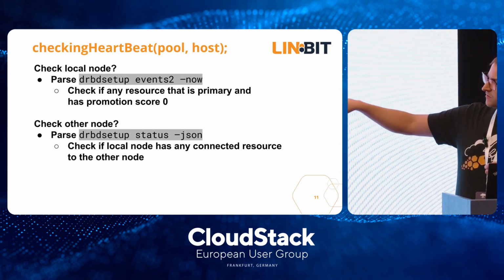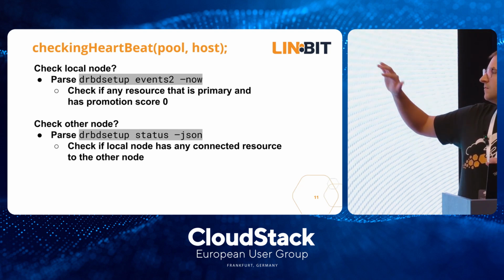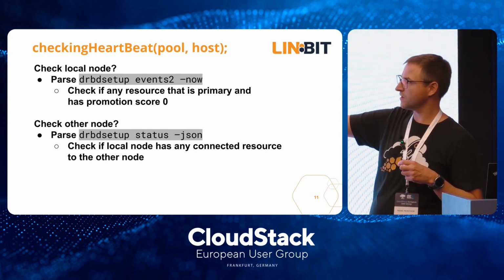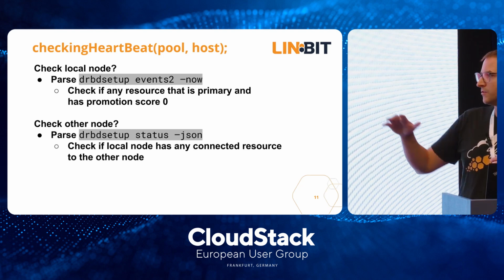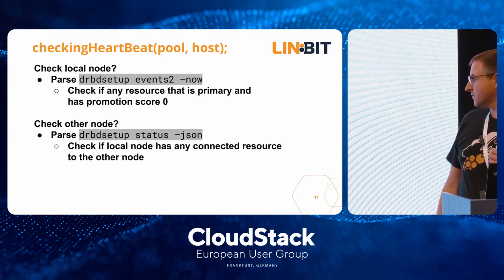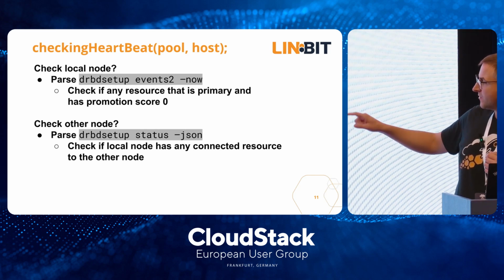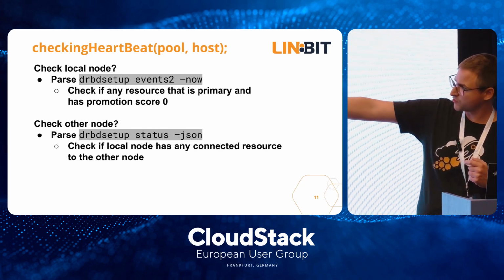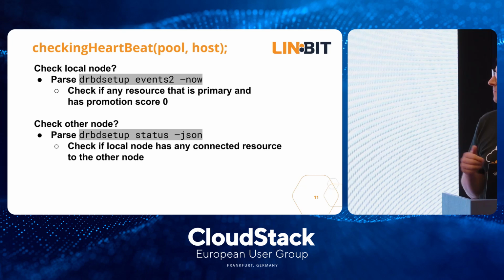And other nodes check the output of drbdsetup status, which is not exactly the same because there is no promotion score included in the output. But this output includes all the connection states to other nodes. And if the local node has any connection to the other node, which we want to check for, we know, okay, we can reach it, and everything is fine from our side.